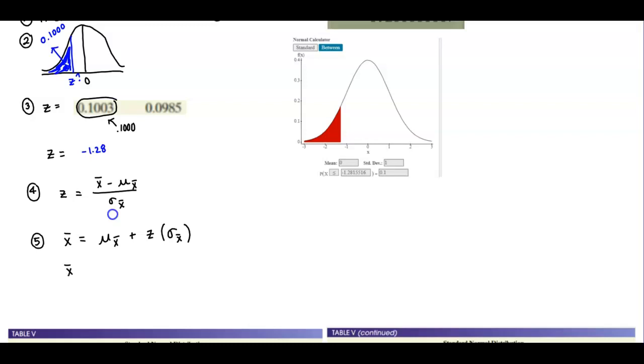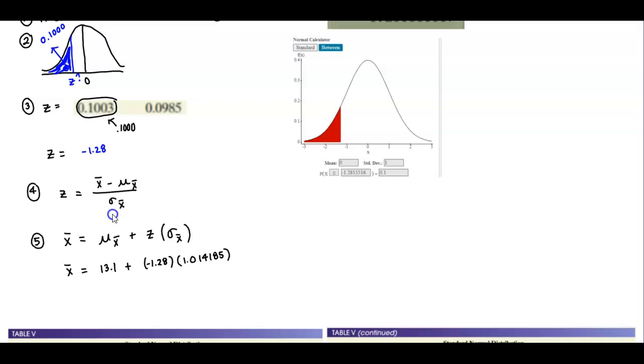In order to find x bar, we know the mean is 13.1, plus our z-score of negative 1.28 multiplied by the standard deviation of the sample mean, which is 1.014185.